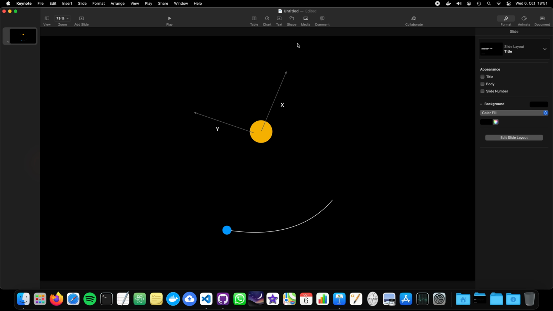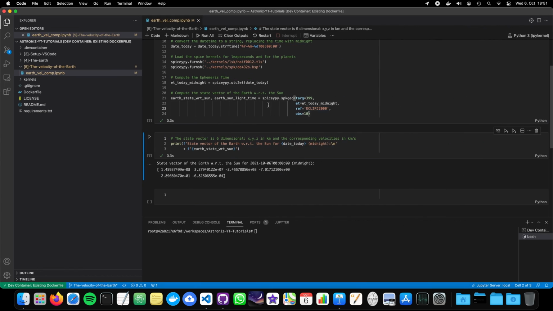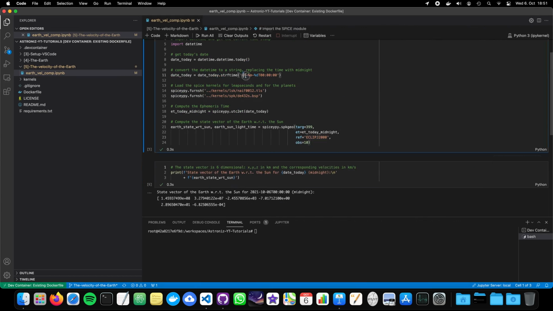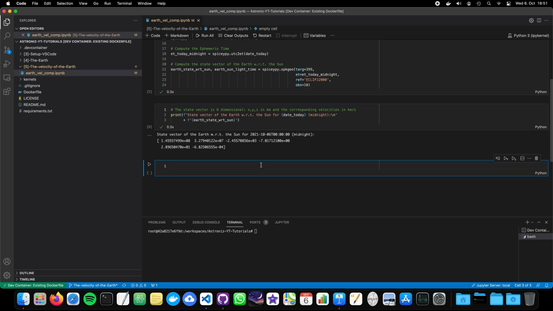So basically, the y value of the Earth at autumn is 0. Z is also 0, theoretically. And the x value of the position is exactly 1 AU, so around 150 million kilometers. You can compute it as a small exercise, not for today, but for the 22nd of September 2021. But we will get back to this in a moment.